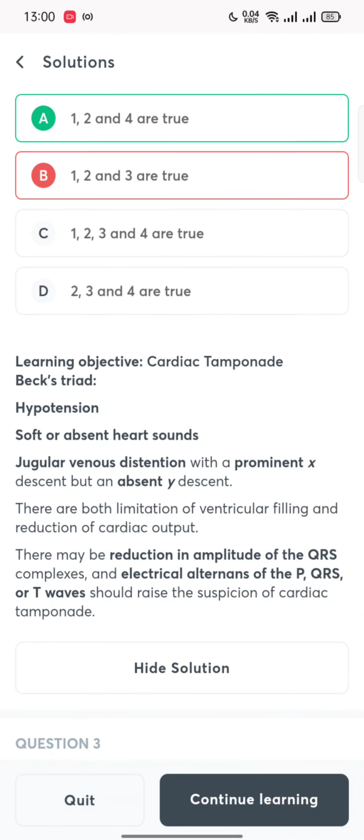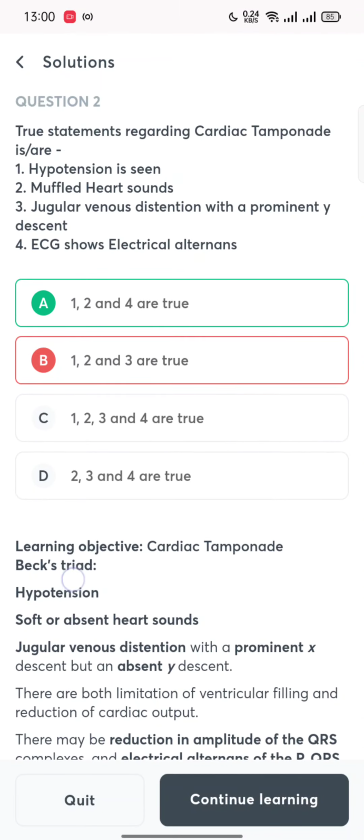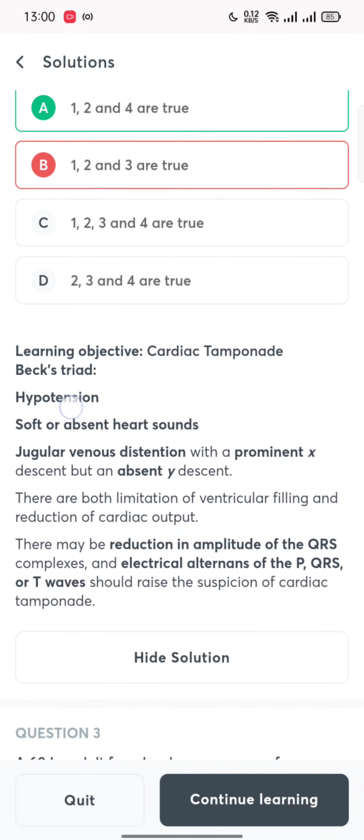Talking about Beck's triad, which is seen in cardiac tamponade, hypotension is present, soft or absent heart sounds are there, and jugular venous distension with prominent X descent. But in the question it was prominent Y descent, so that's why my answer was wrong.